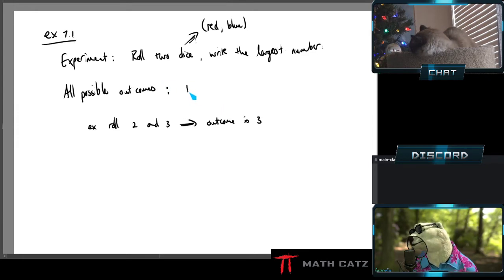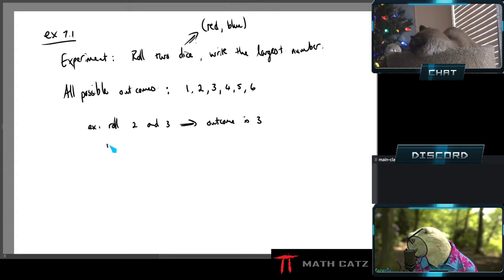When I roll two ones, the largest of them will be a 1. I can also write a 2 on my clipboard by rolling a 2 and a 1 or a 2 and a 2. Both will result in the largest number being a 2. I can certainly have 3 as the largest number, 4, 5. I can get a 6 if I roll a 6 and a 2, for example.